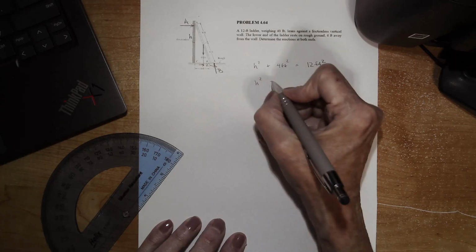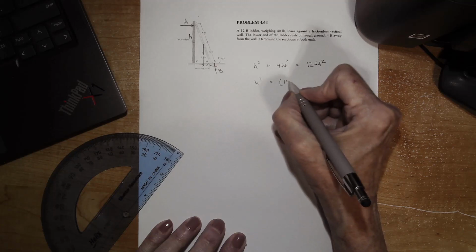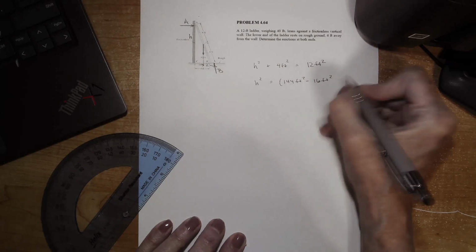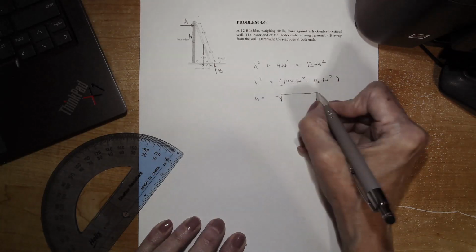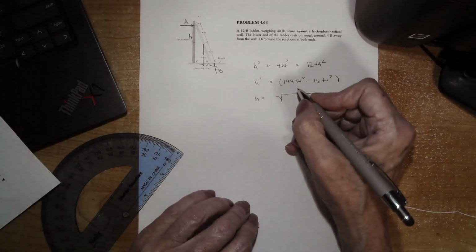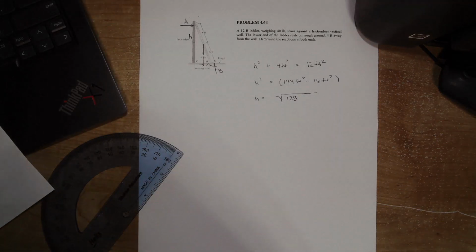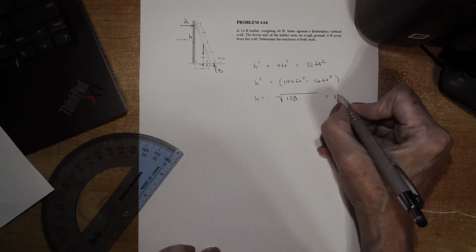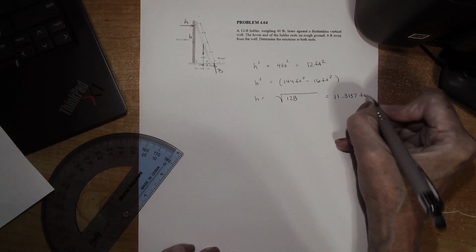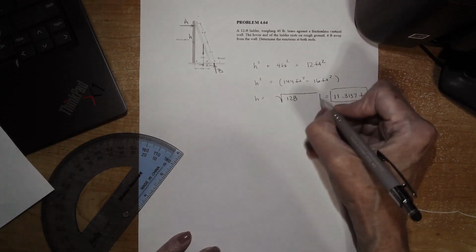We know that h squared equals 144 feet squared minus 16 feet squared, or h equals the square root of 128, and that is 11.3137 feet. So we've solved for h.